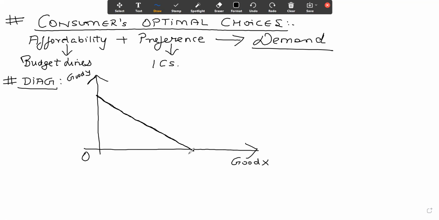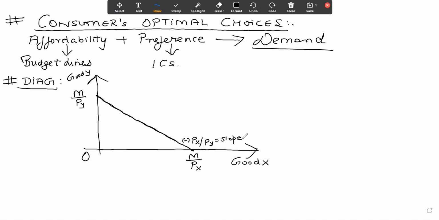All of you can recall this was my horizontal intercept M by Px, where M denotes the income of the consumer. This is my vertical intercept of the budget line M by Py, and the slope of the budget line is minus Px by Py. All of you can recall this from my lectures on budget lines in consumer theory.